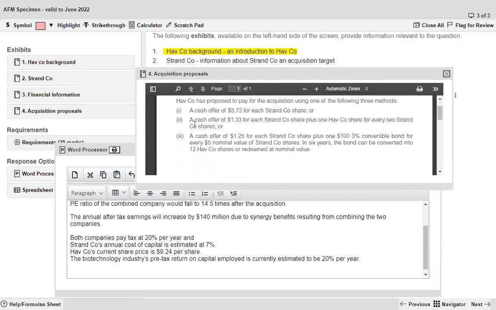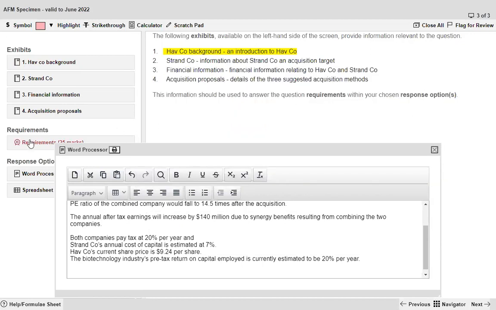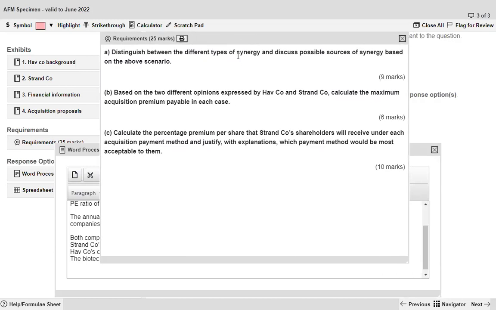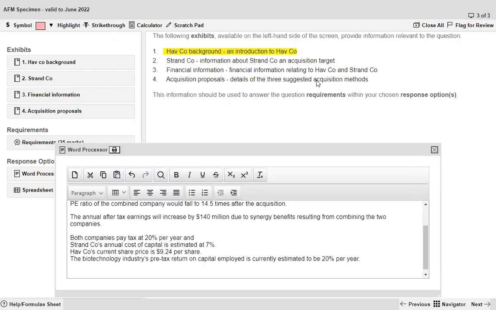So a cash offer plus share offer, a cash offer plus convertible bond, and so on. So this is the offer that has been made. Now, the requirement of this question is to distinguish between the different types of synergies and discuss the possible sources of synergies based on the scenario.